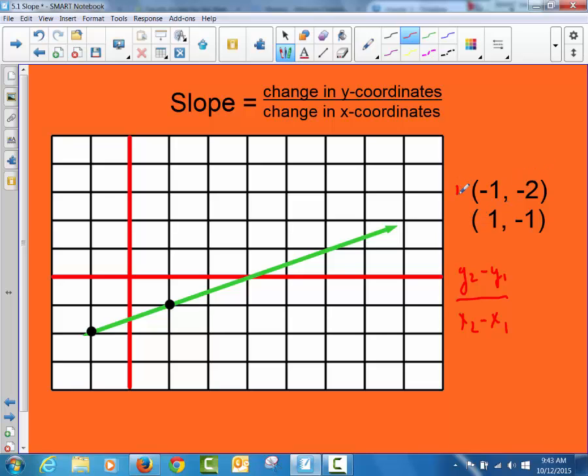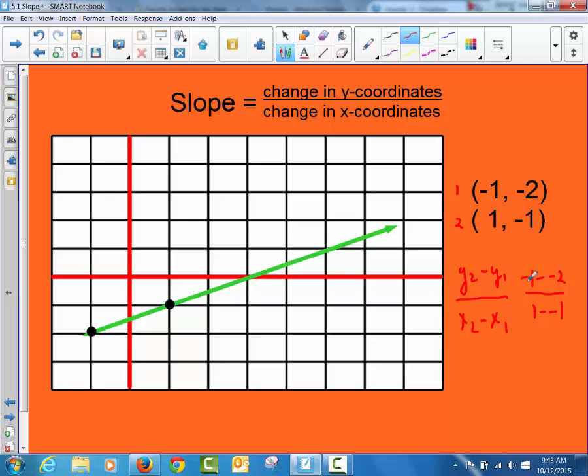So let's do this. This will be number 1, this will be number 2. So y2, the y in this one will be -1, minus, and the y in this one is -2. So we put -2 over the x in the second one is 1, minus, and the x in the first one is -1.